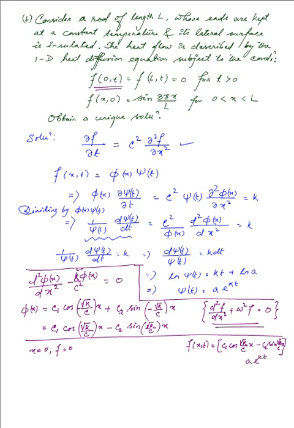So this is the entire function f xt, but for x equal to 0, we are just going to end up with 0 on the left hand side for f equal to 0. So we are putting this in this equation.